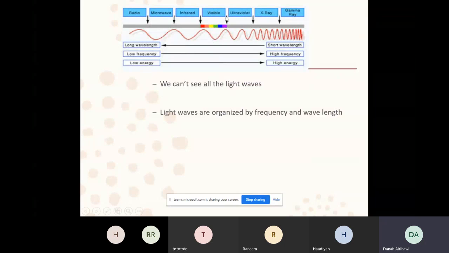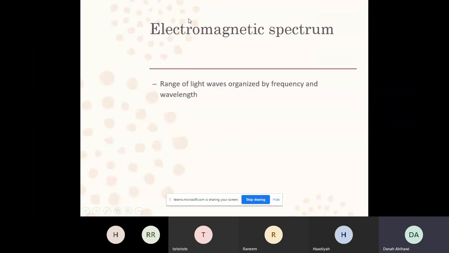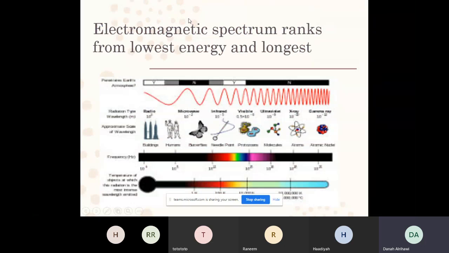Visible is in the middle, so it's not high frequency, not long wavelength. It's between them. So start with radio, microwave, infrared. We learned about these 3 yesterday. These are the first 3.